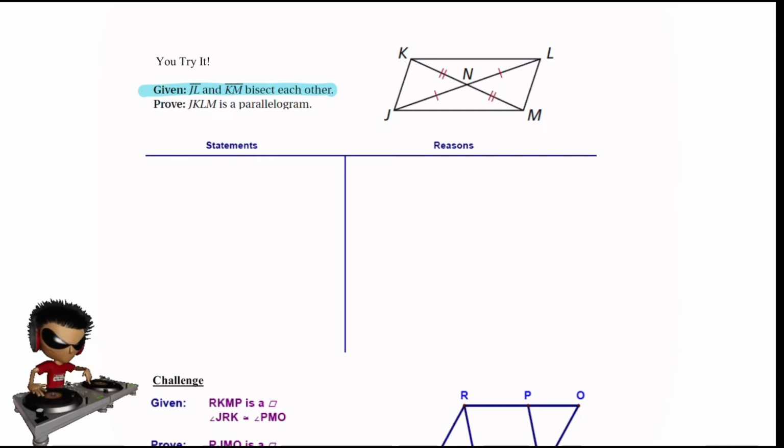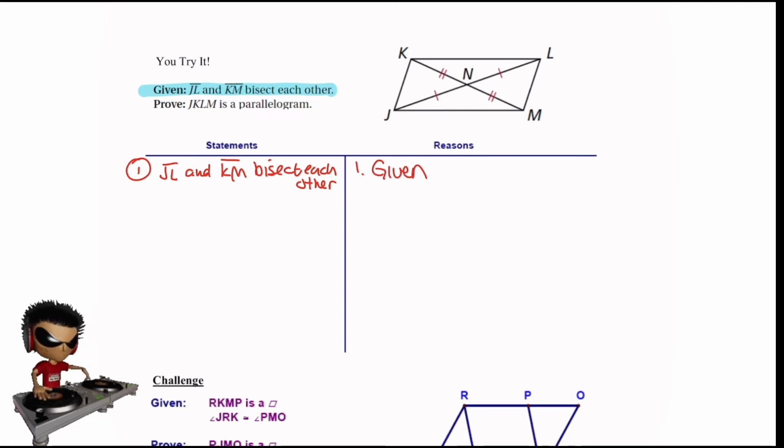So first we're going to write down one, and that is that JL and KM bisect each other. Then the second statement I would make here is that I have congruent parts.